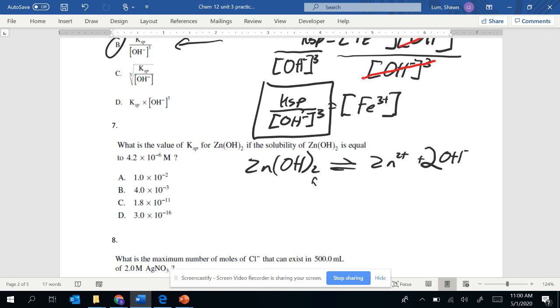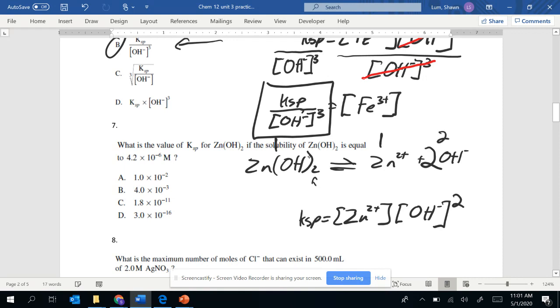So if I write my Ksp expression, Ksp equals the concentration of Zn2 plus times the concentration of OH minus. Since there's that 2 right there, I need to square this right here.